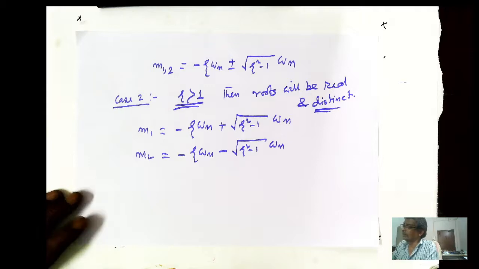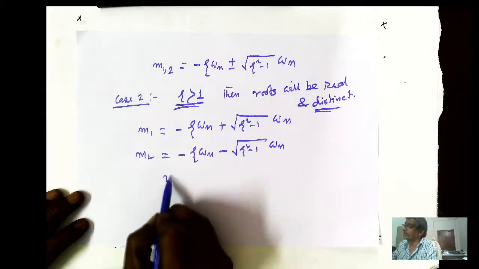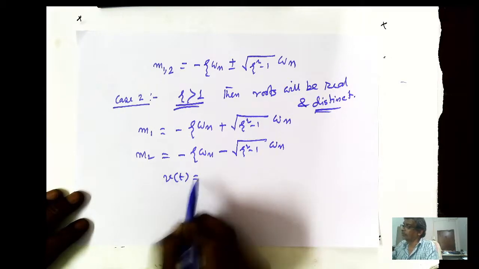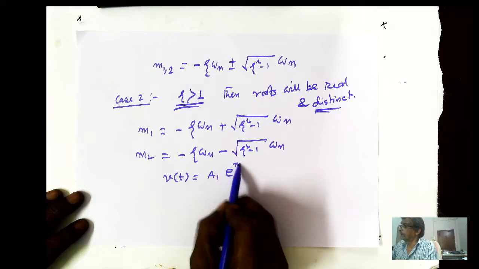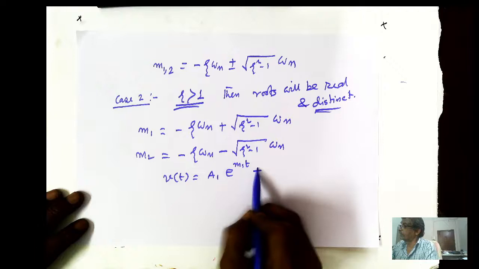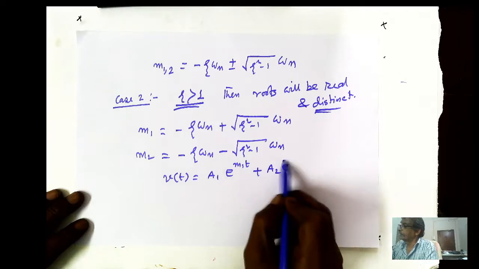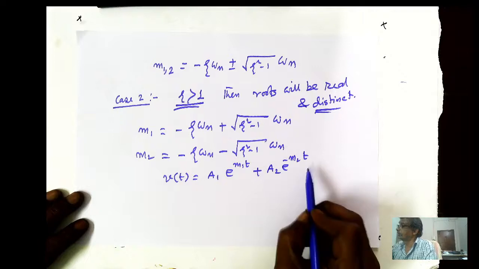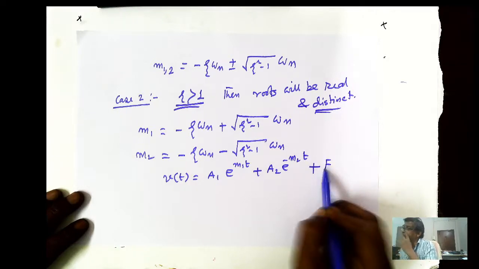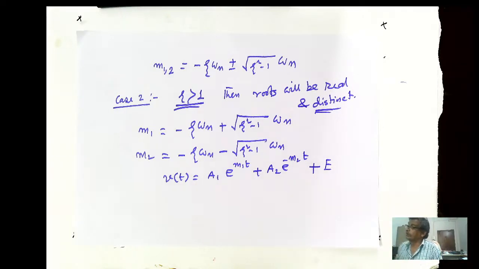Then the solution I will simply write, I am not going to do it: v(t) is equal to a1 e to the power m1 t plus a2 e to the power m2 t, plus the solution due to the forcing function. m1, m2 are these numbers.